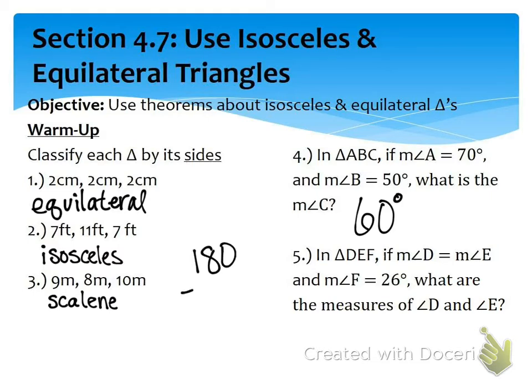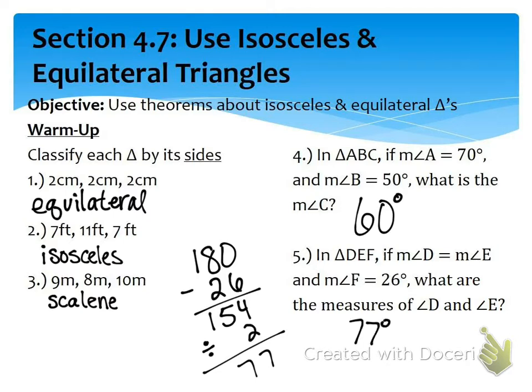Perfect. 180 minus the 26 gives me what's left over, 154. And then we take that, divide it between the 2 angles that we have left. We get the 77 degrees for both of those.